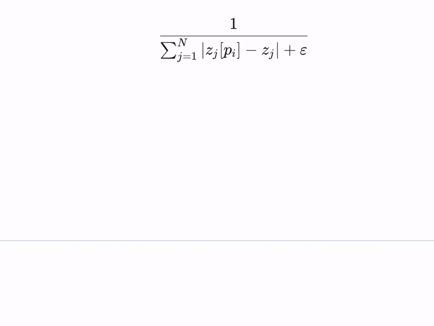Basically, what I'm looking at is the difference between the measurement between the robot and landmark 1 and the hypothetical distance between the particle and landmark 1.